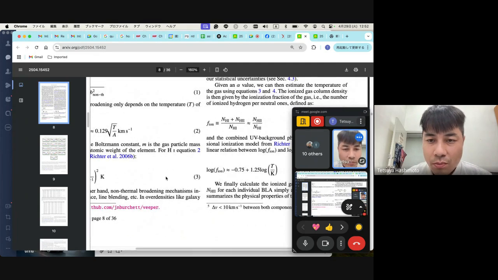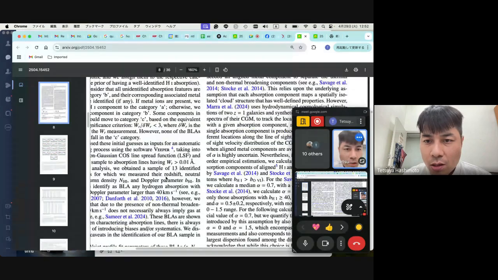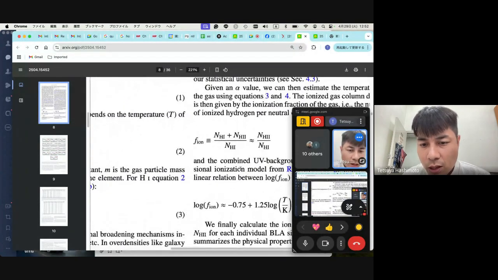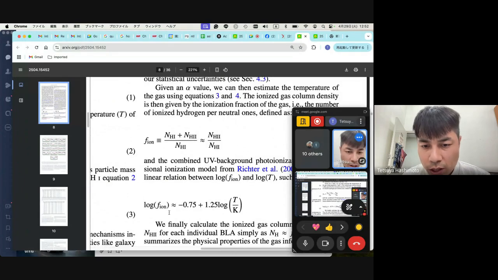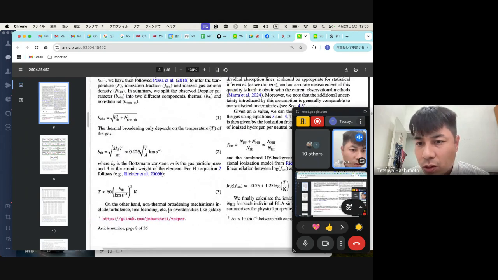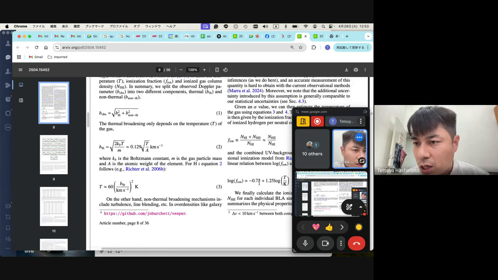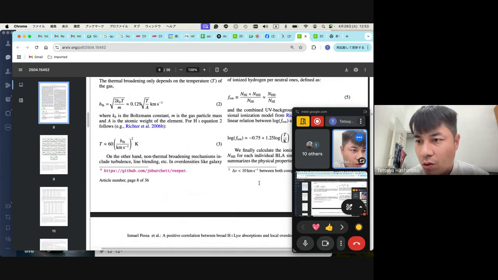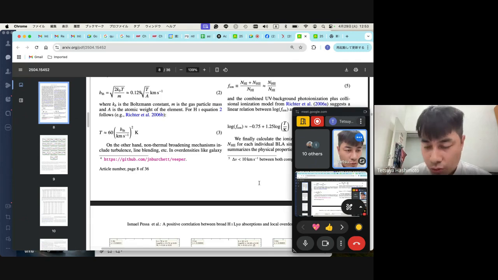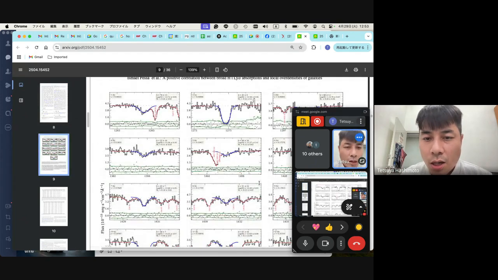That's my understanding. And they can also calculate this ionizing fraction here. Anyway, they calculate the column density, or how much baryons are there, for each absorption system.